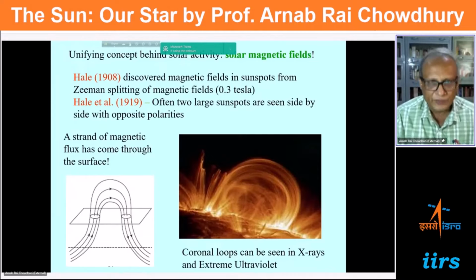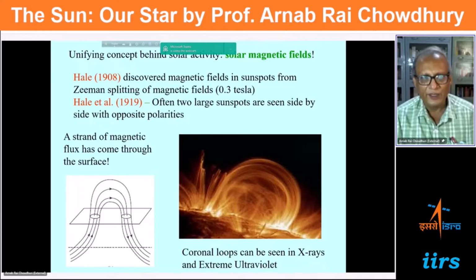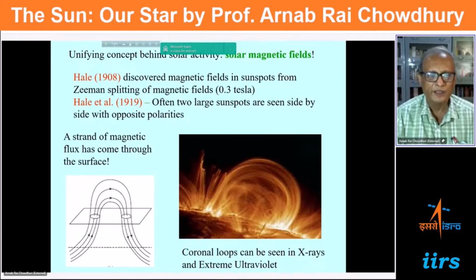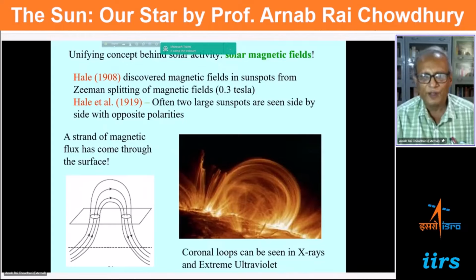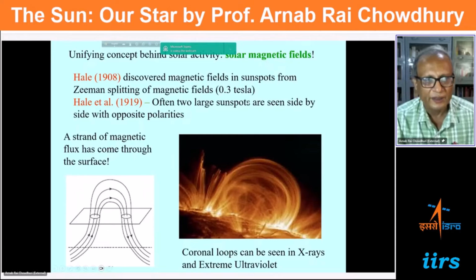It was mainly during the second half of the 20th century that solar astronomers realized that there is a sort of underlying unity behind all these different kinds of solar activity. Basically, all these types of solar activity are caused by one entity, the magnetic field of the Sun.